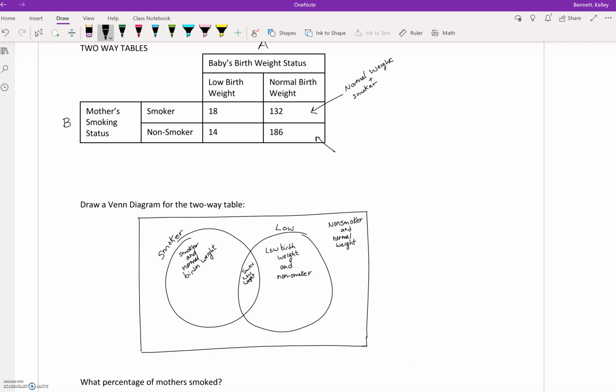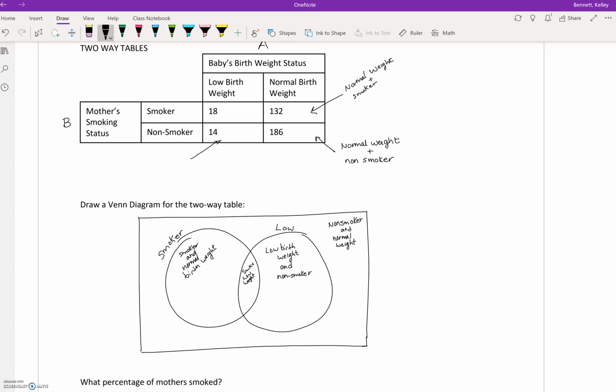Okay, so similarly, this box would be normal weight and non-smoker. Right, so remember, you're just looking at what's above you and then what's to the side, and that's telling you your 2 qualities.